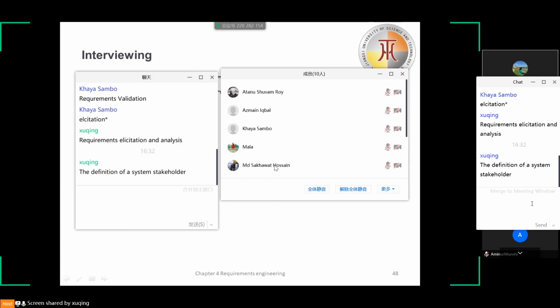They are also system stakeholders. And Kaya, you are totally right. The end users like patients, nurses, the doctors, or receptionists, these different people who will use the system, they are also system stakeholders. Thank you very much, Kaya.